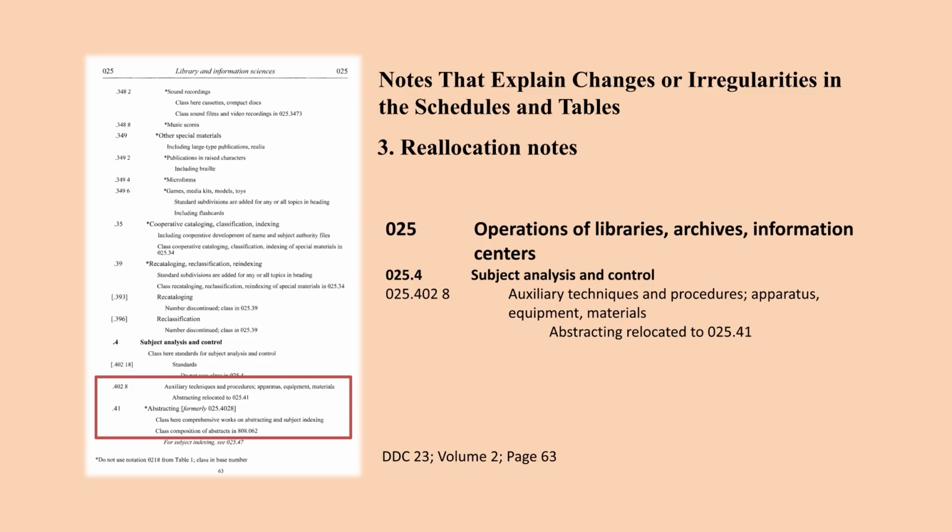Here, the note is abstracting reallocated to 025.41. Means in an earlier edition, the abstracting was also in this particular class number. But in the present edition, the abstracting is reallocated to a broader number. You can see that 025.41 is a broader number than 025.4028.